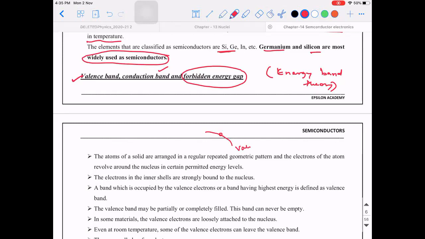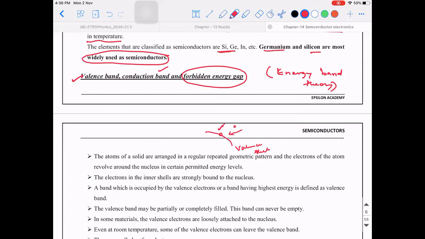When you have electrons in the valence shell, there will be certain materials in which the valence electrons are loosely bound to the nucleus. So when you supply some amount of energy which is sufficient for it to escape out of the valence shell by overcoming what? The electrostatic attraction between the electron and the nucleus, then this electron will become a free electron and it will have the tendency to conduct because it is acting as the charge carrier, right?